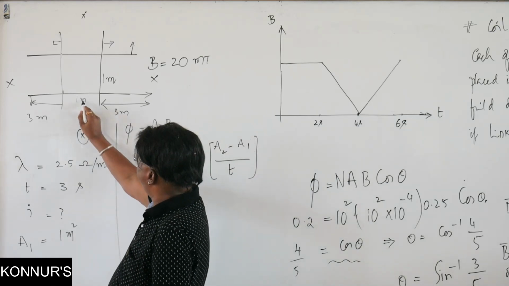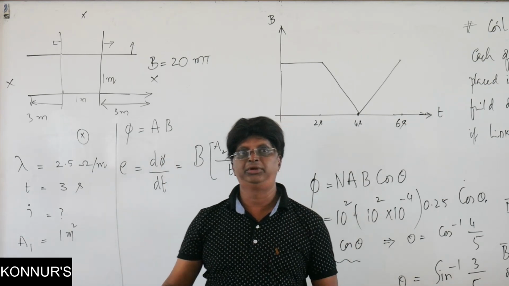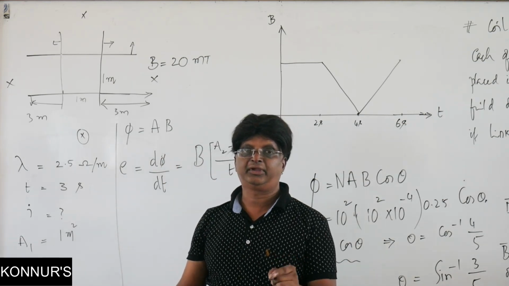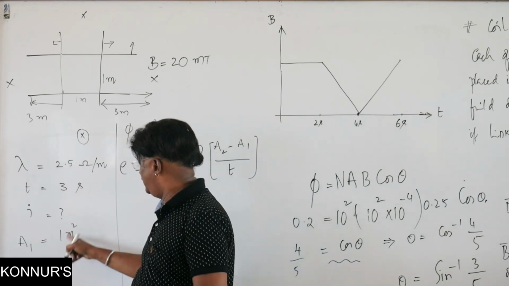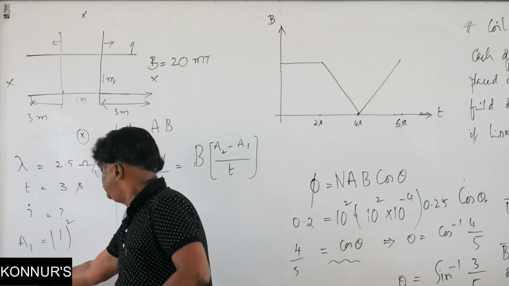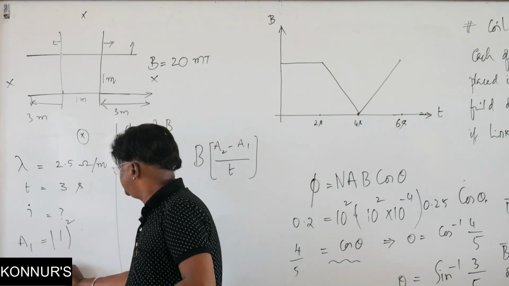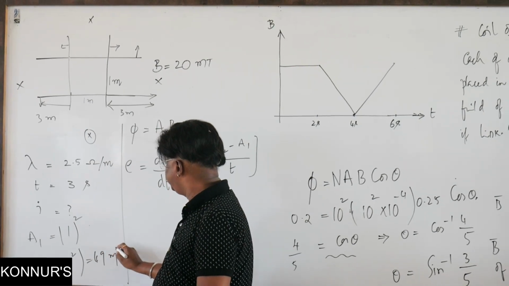See, already initially it was 1 meter. Both sides increasing by 3 meter and 3 meter. Therefore it is 7 meter. 7 meter is the final side. Therefore A1 is equal to 1 meter square, that is 1 squared, right? Units. Then what is A2? A2 is 7 squared, which is 49 meter square.